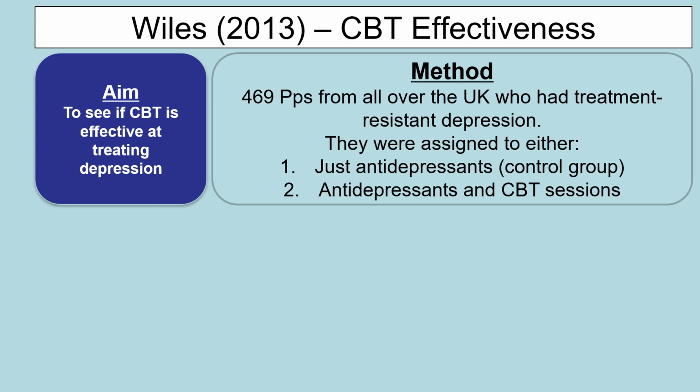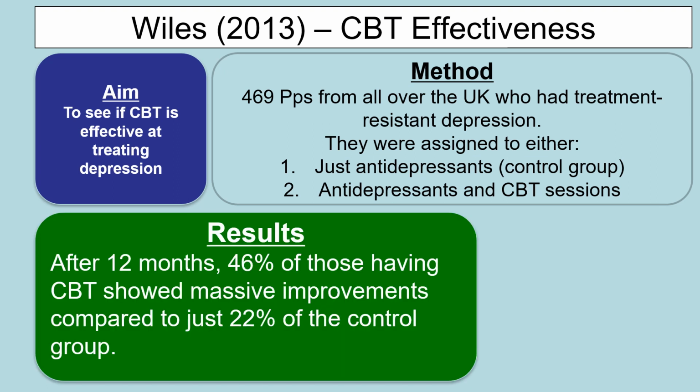Half of them were given just antidepressants, and the other half were given antidepressants and CBT. After 12 months, 46% of those having the CBT and antidepressants showed massive improvements compared to just 22% of the control group. So clearly having that CBT as well more than doubled the effectiveness of the treatments of the depression.